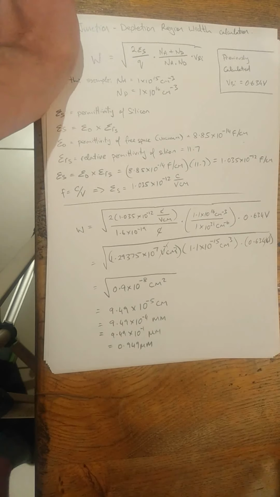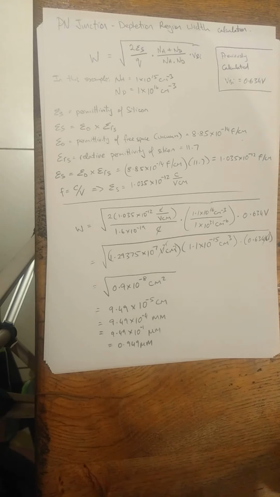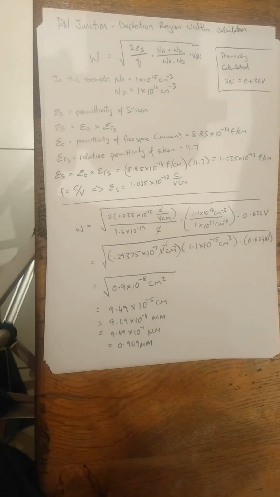So what have we calculated there? What that's saying is that if we have built a PN junction on silicon with doping concentrations on the P side of 1 by 10 to the 15 and 1 by 10 to the 16 on the N-type side of the junction, that there should be a depletion region within thermal equilibrium of 0.949 microns in width.